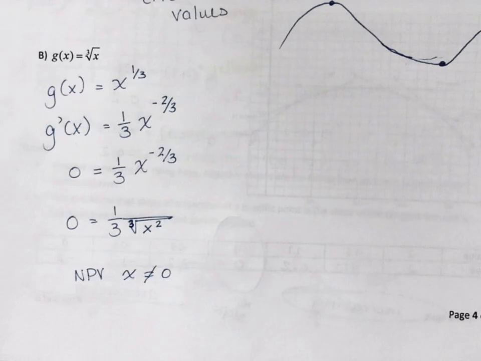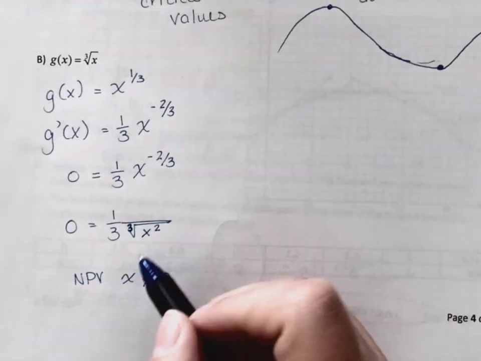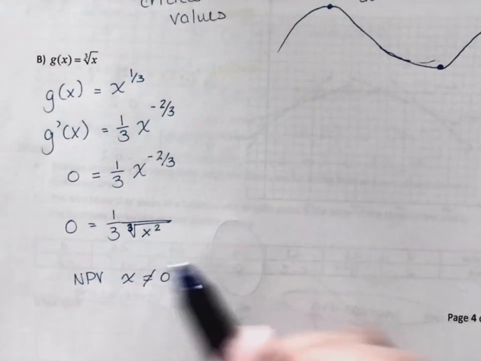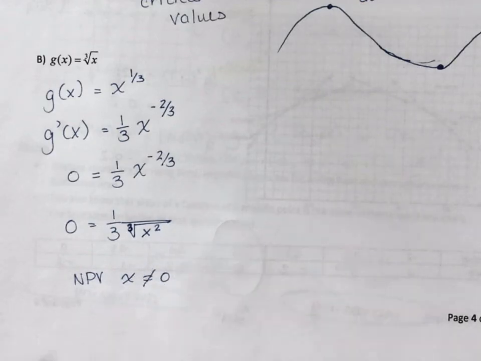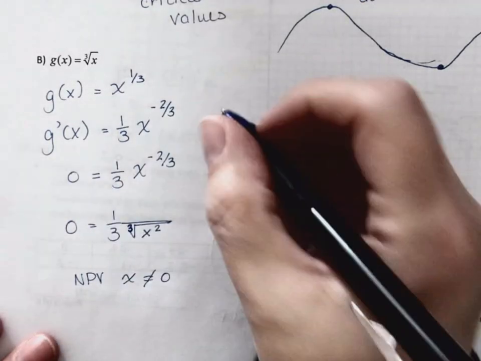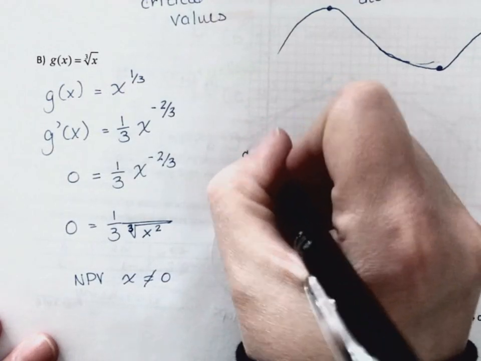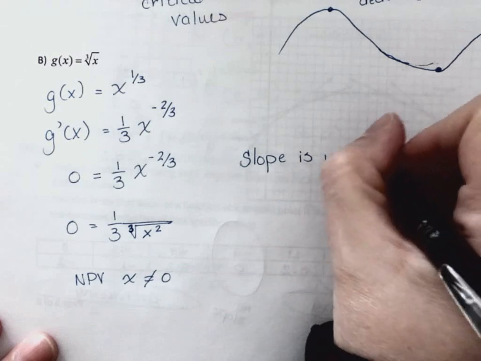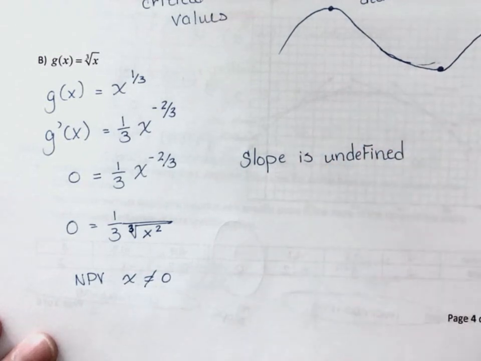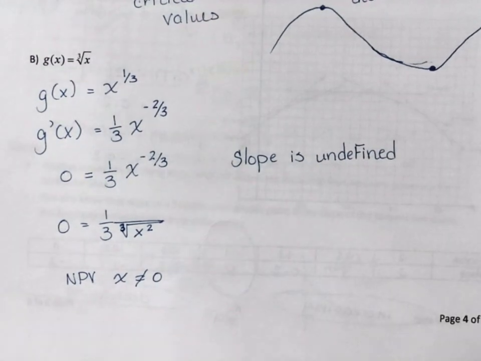So the slope is undefined at this point because we can't put 0 in there. If we were trying to solve this, we'd multiply both sides, we'd lose an x, and there wouldn't be anything to solve for. So if we put x in there as 0, we know the slope's undefined.